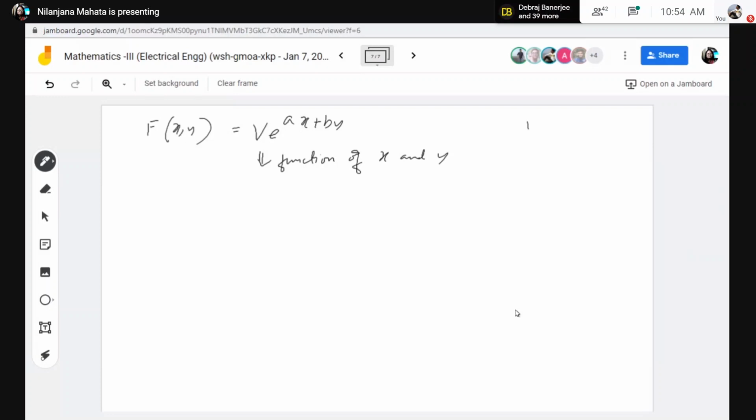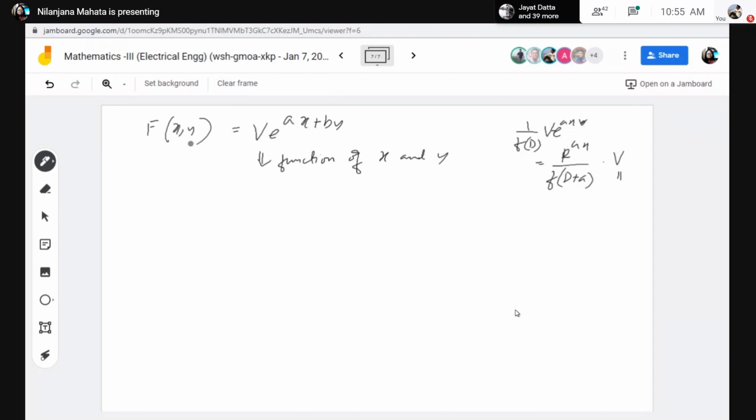You have replaced D by D plus a, where V was your function in x only.